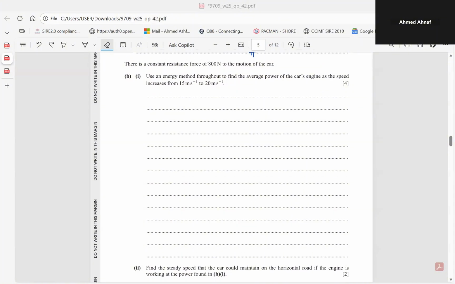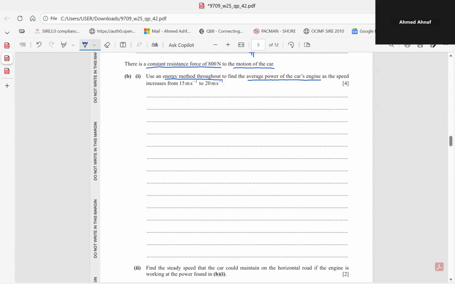Okay, so for part B, part one, we are given new information that there's a constant resistance force of 800 newtons to the motion of the car. For the first part, we're supposed to use an energy method throughout. So we need to calculate the changes in KE, GPE, and find the work done against the forces to find the average power of the car's engine.